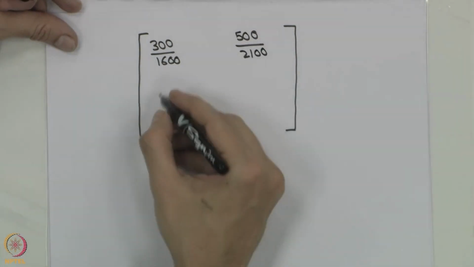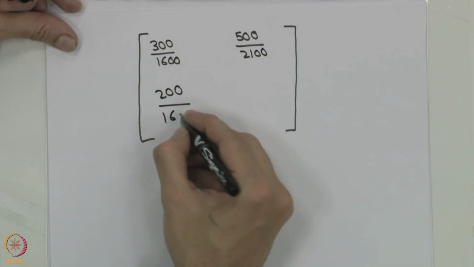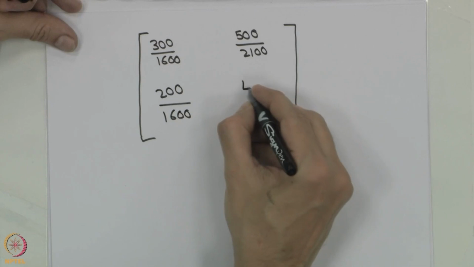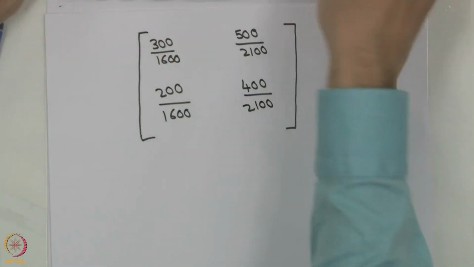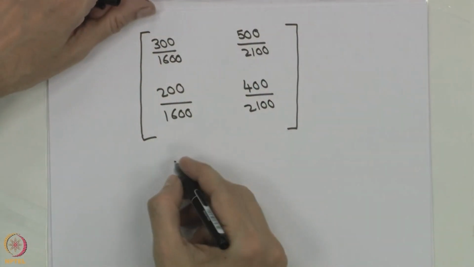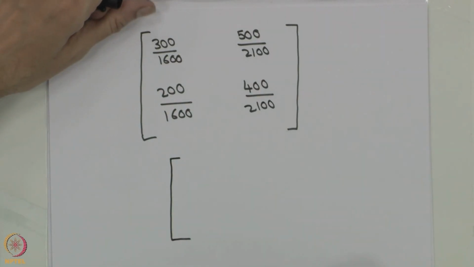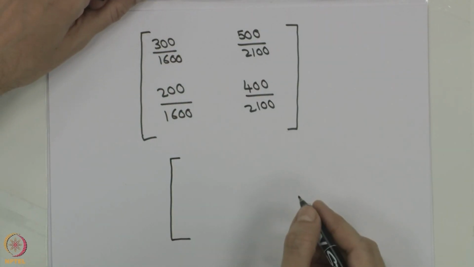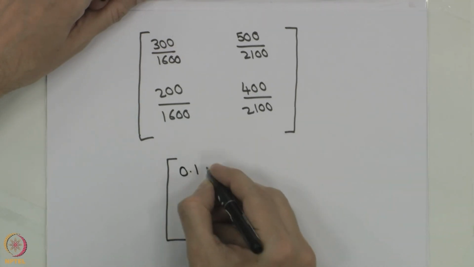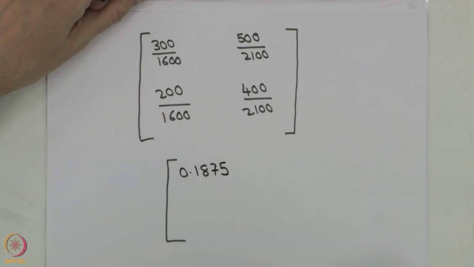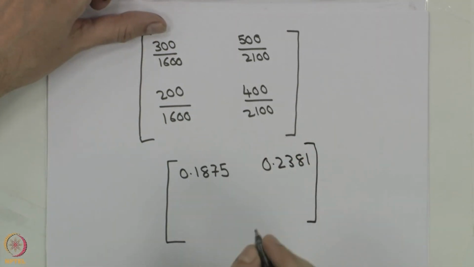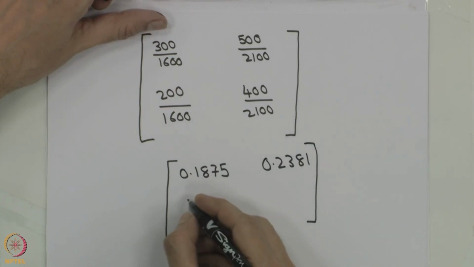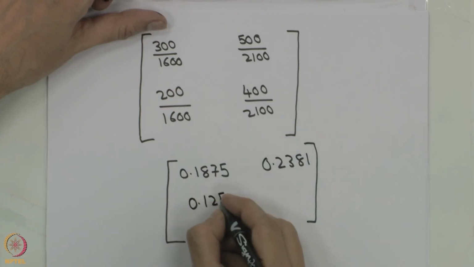200 by 1600, and 400 by 2100. So this comes out to be 0.1875, 0.2381 (just rounded off), and 0.125, and 0.1905.